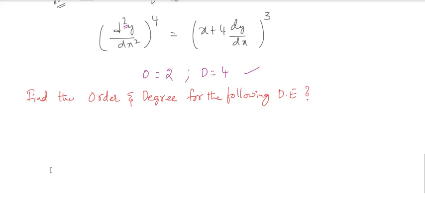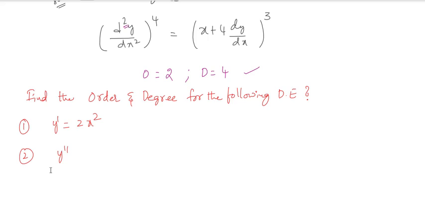So let me take the questions here. Just find the order as well as the degree. If you are not getting it, you can ask me your doubts. The first question: y dash is equivalent to 2x square. Next, y double dash, you know that y dash means dy by dx.